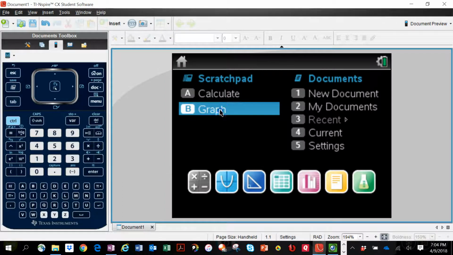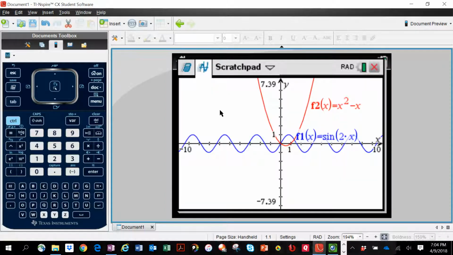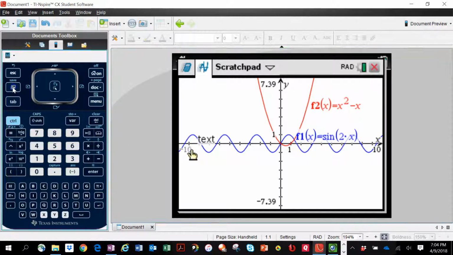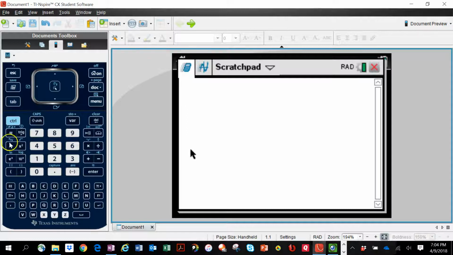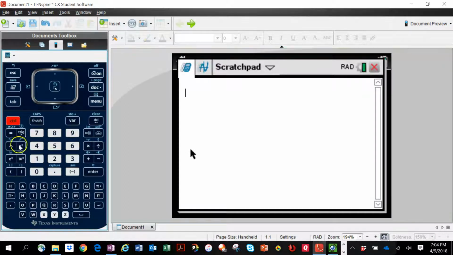So previously, I graphed the x-coordinate, sine of 2x, as f1 and the y-coordinate, x squared minus x, as f2. And what I want to do is take that expression we just saw, which involved the square root. We need the derivative, and I want to be careful about this.